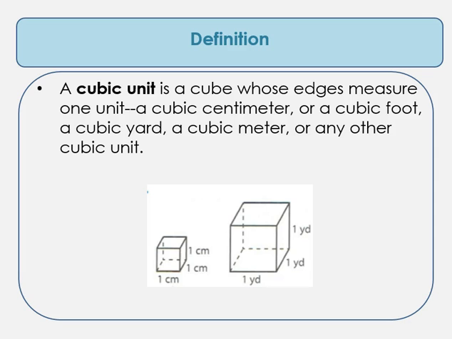So, by definition, a cubic unit is a cube whose edges measure 1 unit, which could be a cubic centimeter, cubic foot, cubic yard, cubic meter, or any other cubic unit. So we've looked at diagrams like this before. You can see on the base it's 1 by 1, the height is 1, but what we haven't done is talked about the inside of this cube.